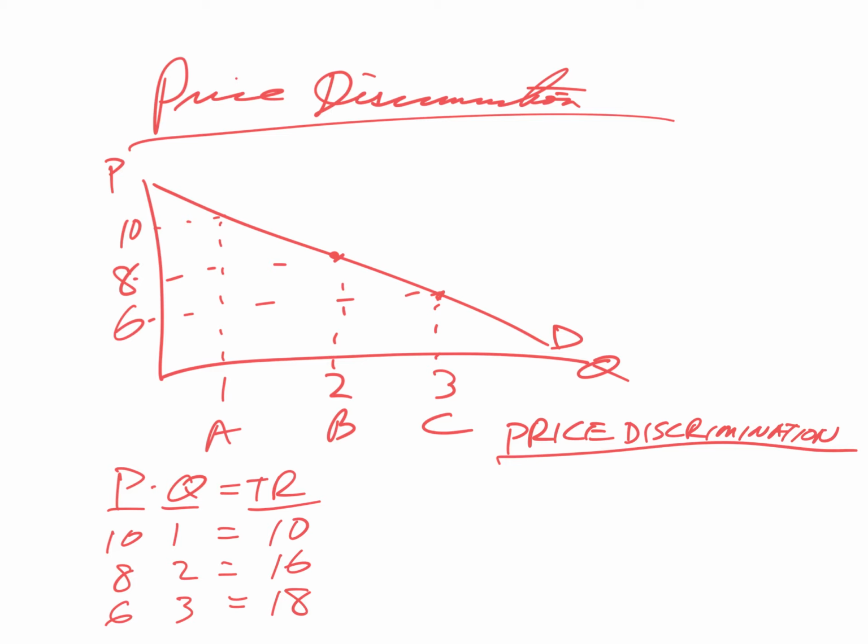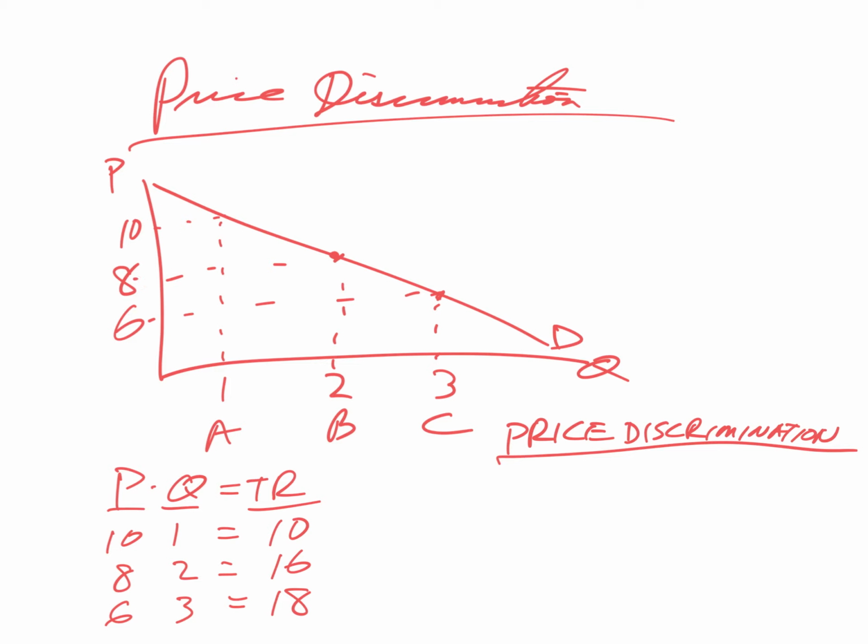Okay, now, if they can sell their good to person A for $10 and person B for $8. See, B's only willing to buy it for $8. That's their reservation price.